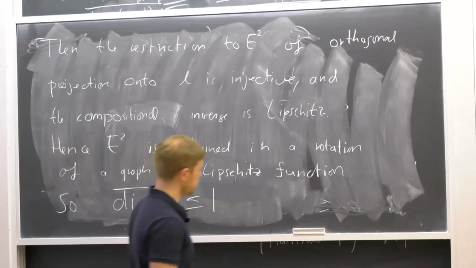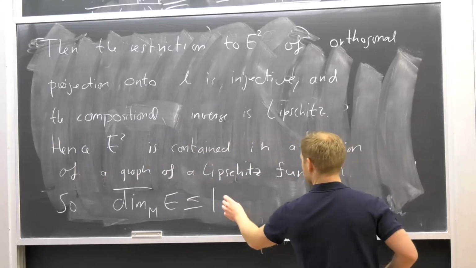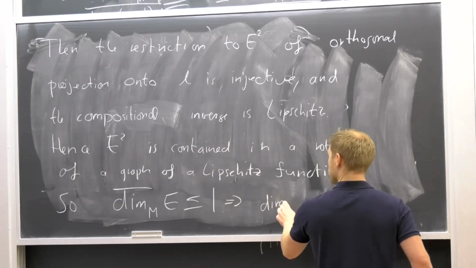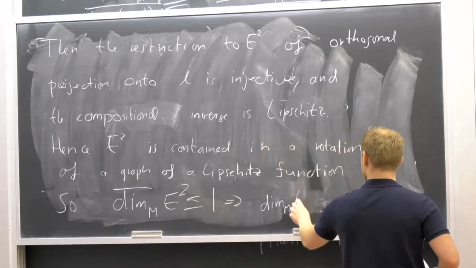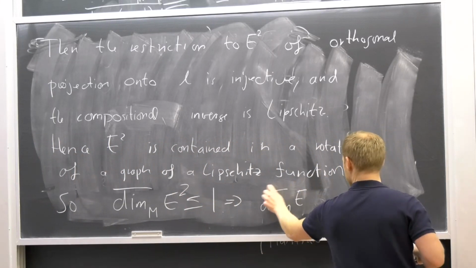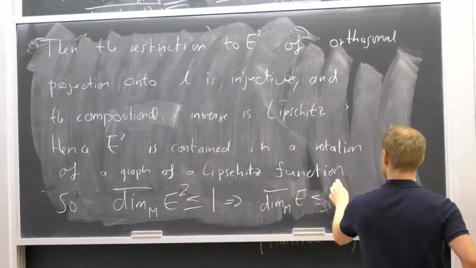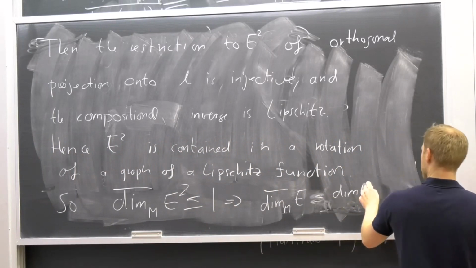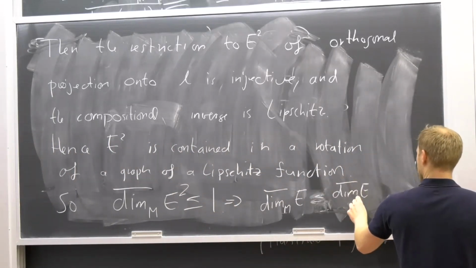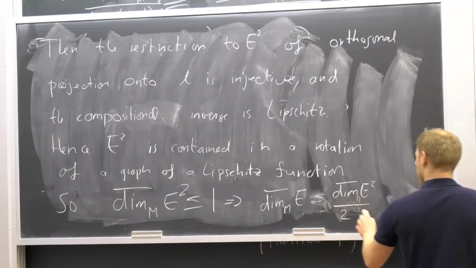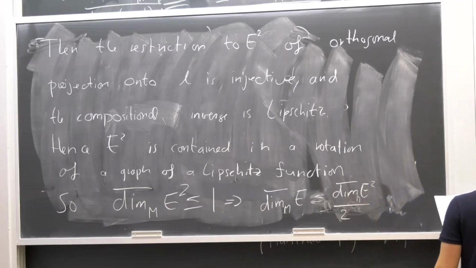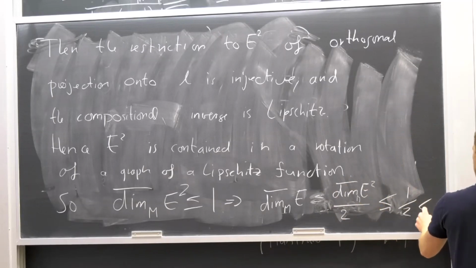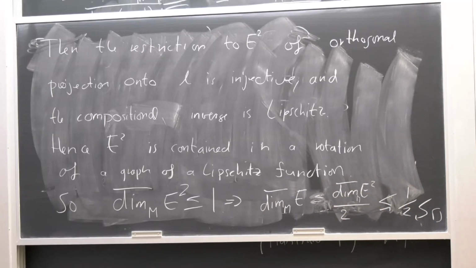However, and this is where the last question with 1 comes in, this then implies that the dimension of E squared is equal to the upper Minkowski dimension of E divided by 1/2. But that is smaller or equal to 1 by this, and that's a contradiction. That's it.